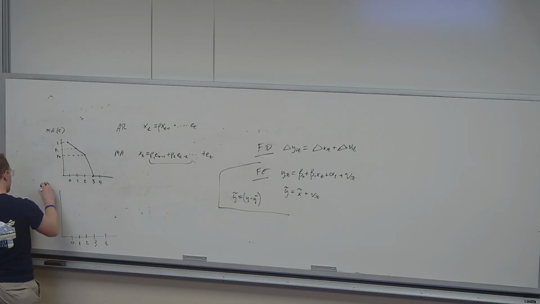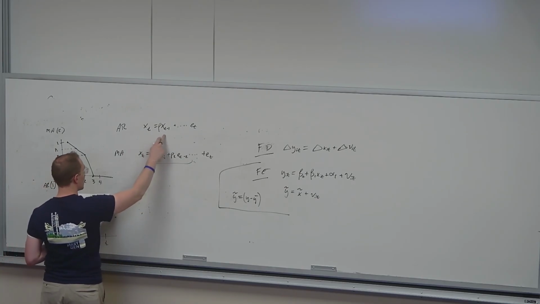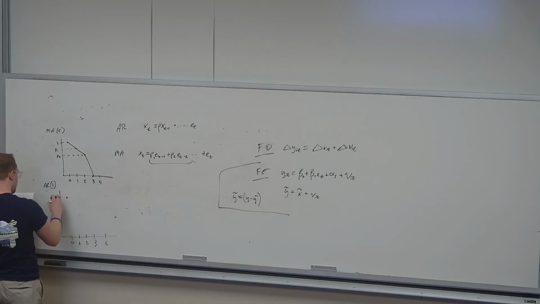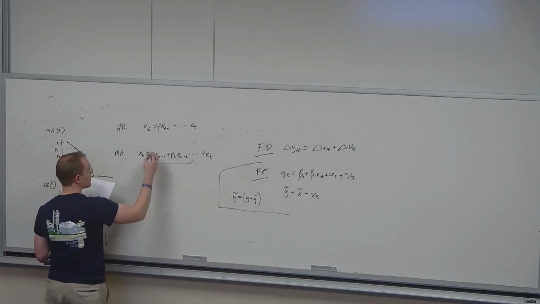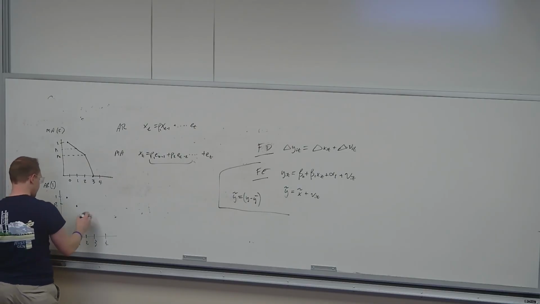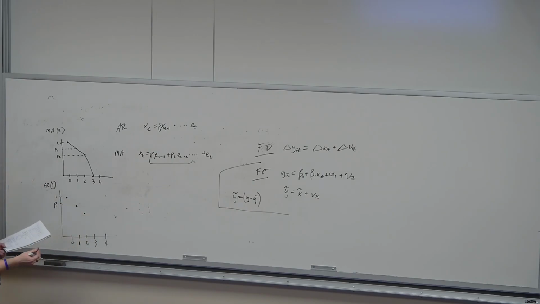For an autoregressive process, let's do order 1. So we just have the rho xt minus 1 here. Then, again, we're going to start at 1 up here, and then we'll go down to rho 1. And then, in time period 2, remember it's autoregressive, right?